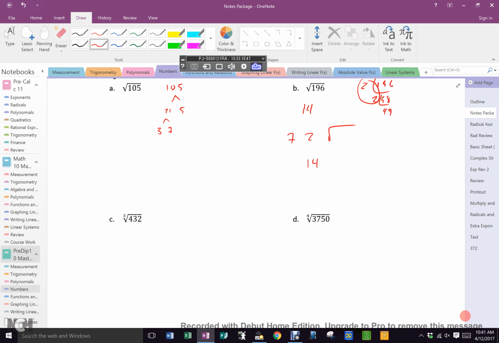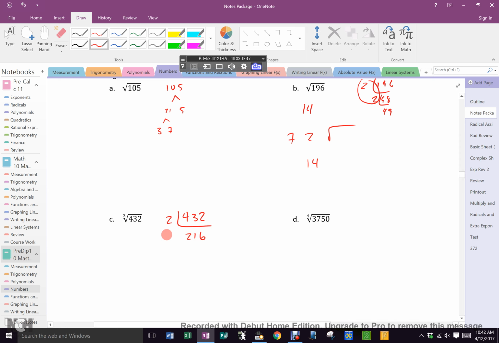Yeah? All right, so now let's do some cube roots. What should I do with that? Break it down. Can't touch that. 2, 216. Why can I stop there? Because I did what Mr. Myers said and I memorized the first 10 cubes. What's the cube root of 216? 6.